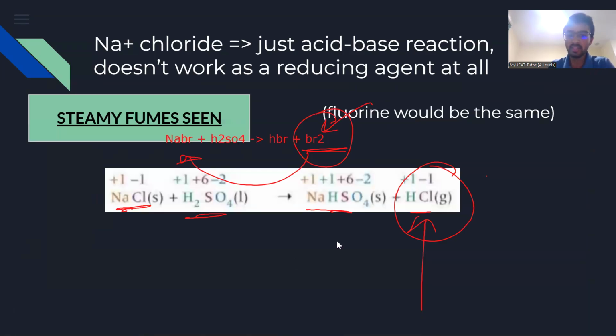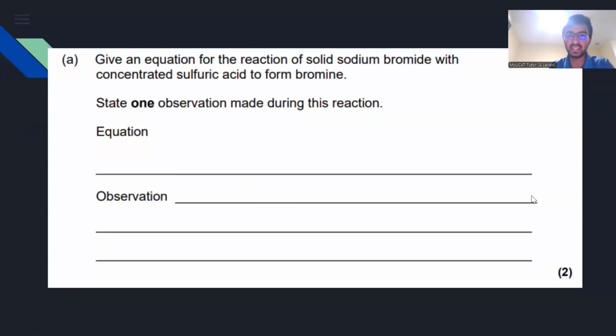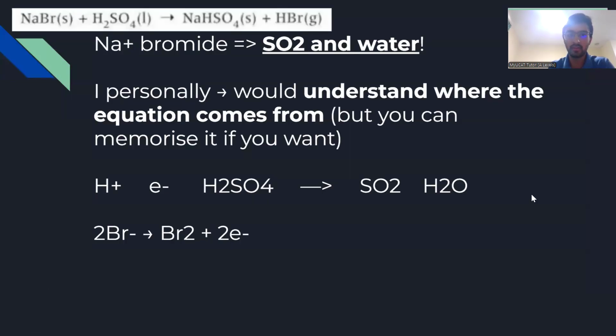So remember, this is what the acid-base reaction looks like: NaCl, H2SO4, NaHSO4, and it's exactly the same for NaBr. Now, the extra thing you find when you have the reaction of sodium bromide with sulfuric acid is it's also going to make SO2 and water. With SO2 and water, what we are seeing is that there's also reduction taking place.